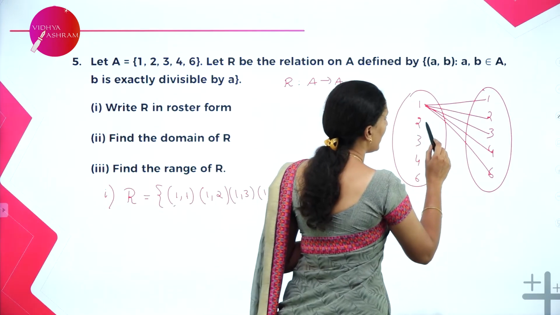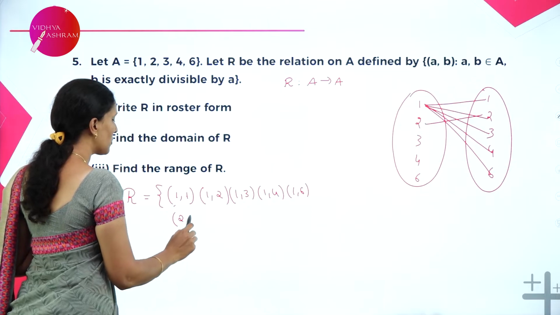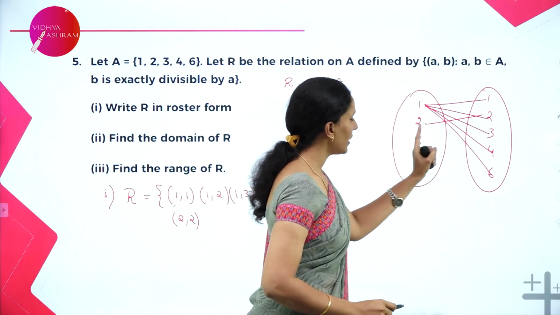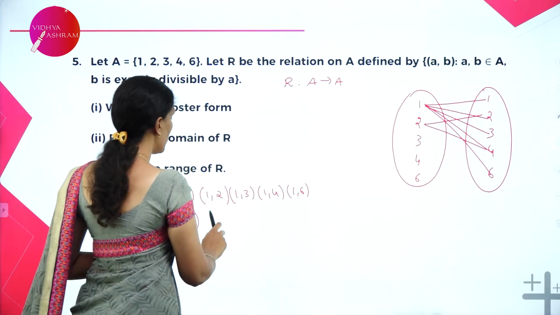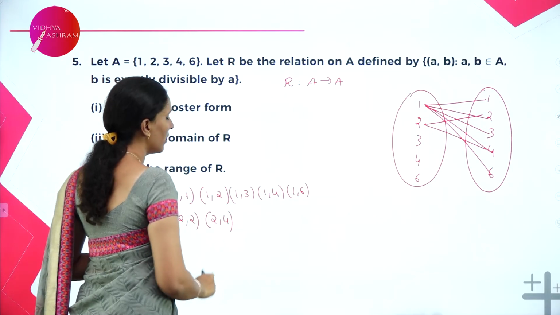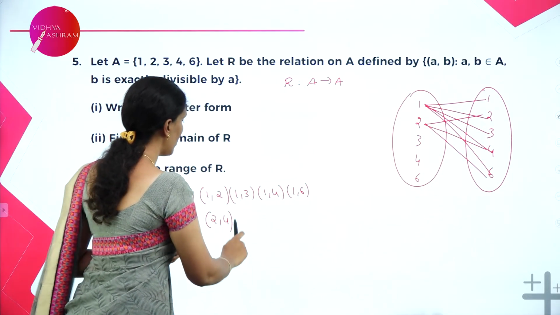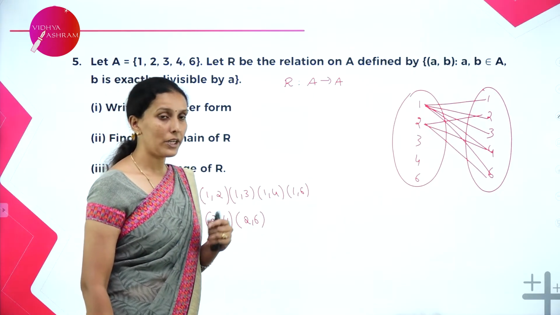So here I'll take 2 comma 2, because 2 is divisible by 2. I can't write 2 comma 3. I can write 2 comma 4 because 4 is divisible by 2. Next, I can take 2 comma 6, because 6 is divisible by 2.